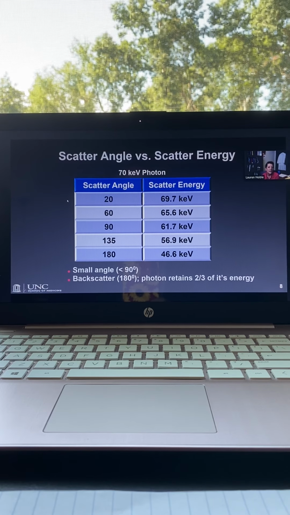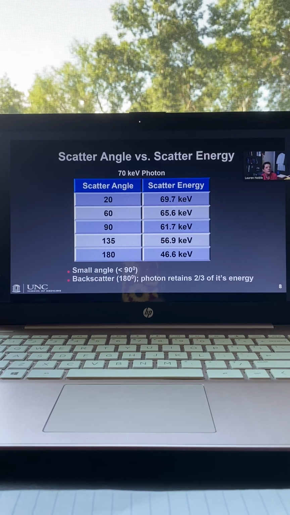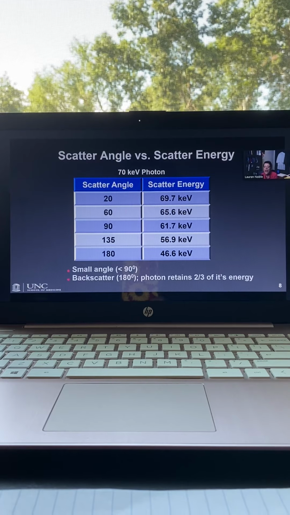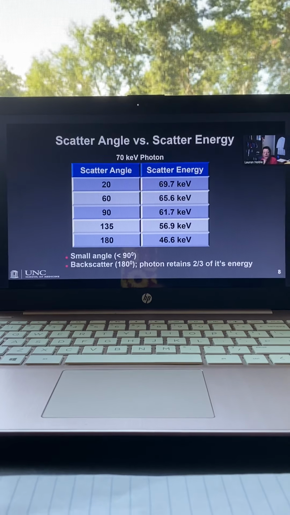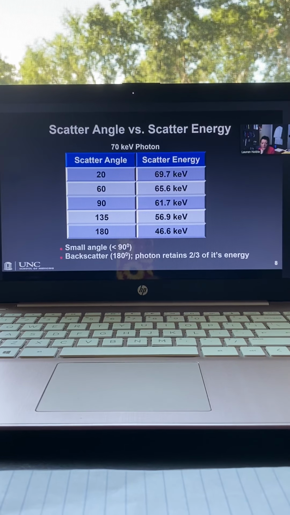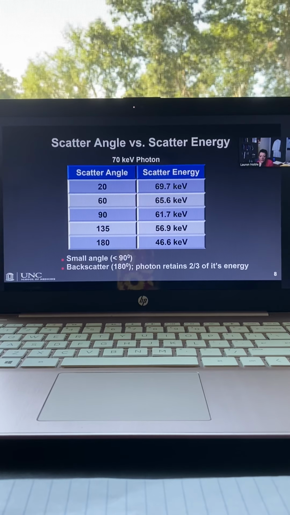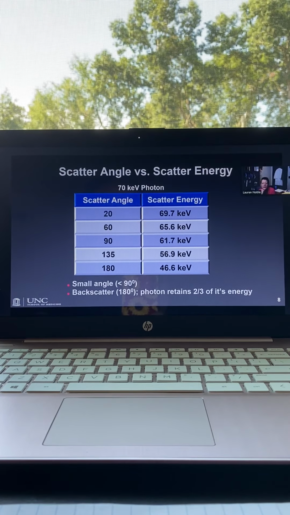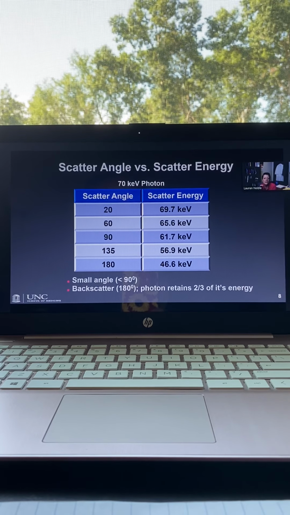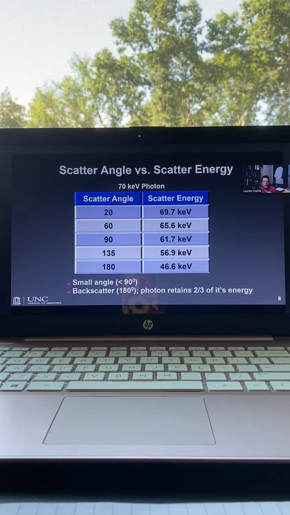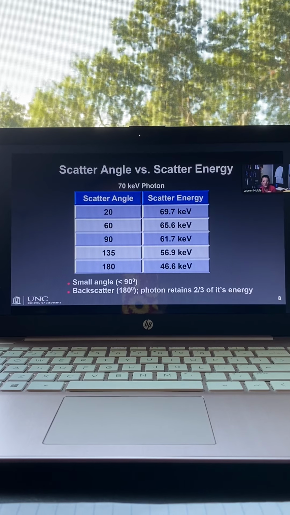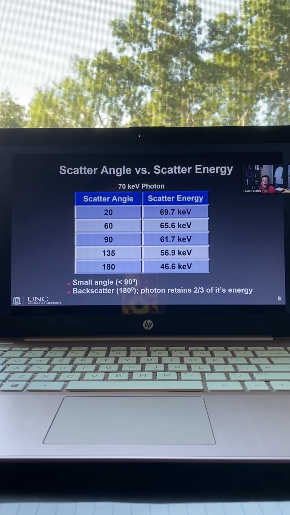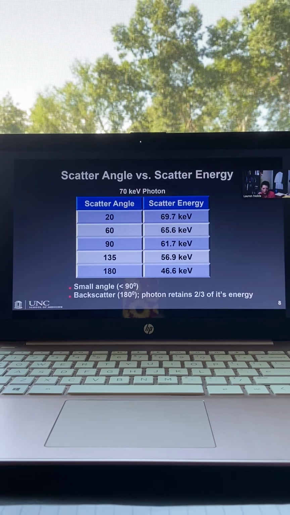So on a test, if you were asked, what does small angle scatter mean? What would be a good answer? The angle is less than 90. Any angle less than 90 degrees, which means there is a very strong likelihood that photon will do what? Where will it go?